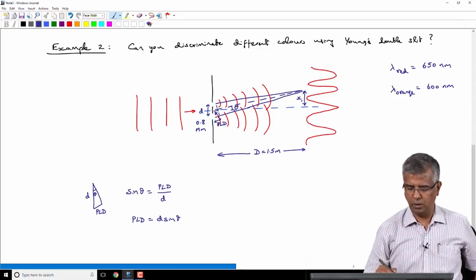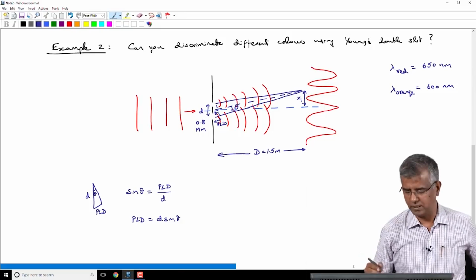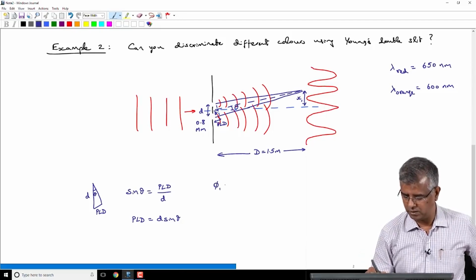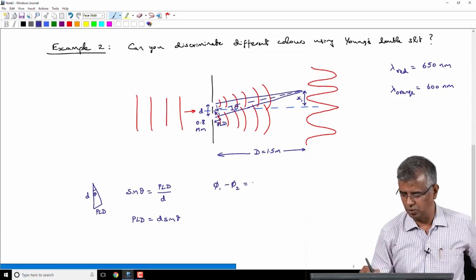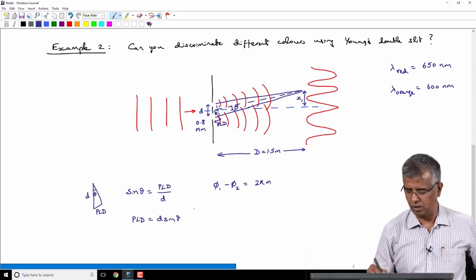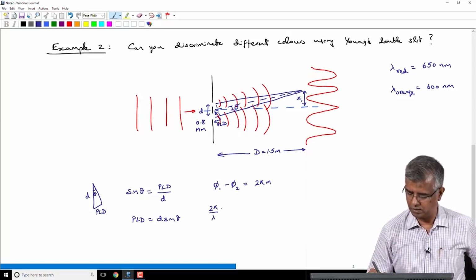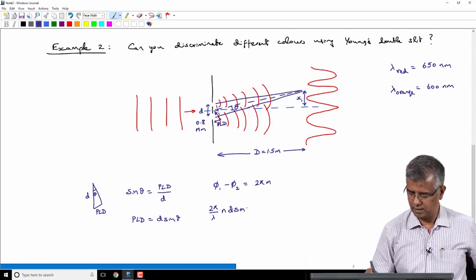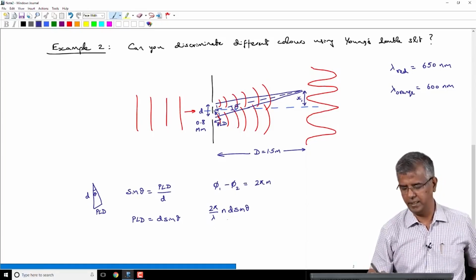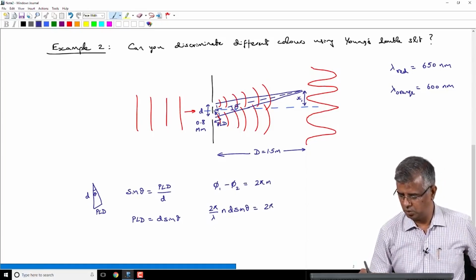So, I would now apply this to that constructive interference criteria, which says okay, phi 1 minus phi 2 has to be equal to 2 pi m, but as we saw just a while ago, phi 1 minus phi 2 can be written as 2 pi over lambda multiplied by n multiplied by the path length difference, right, which we can write as d sin theta over here, that is equal to 2 pi m.